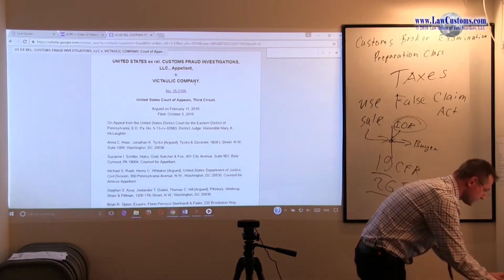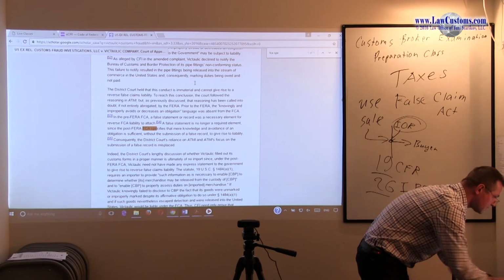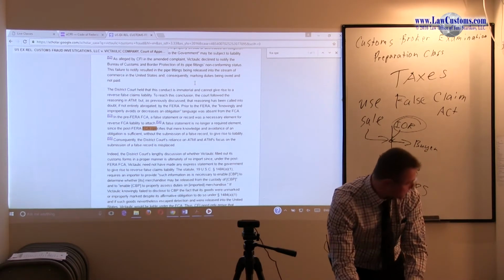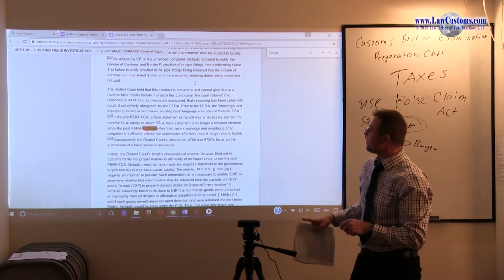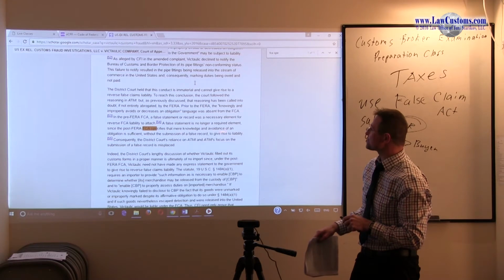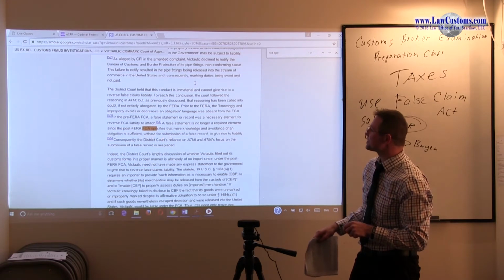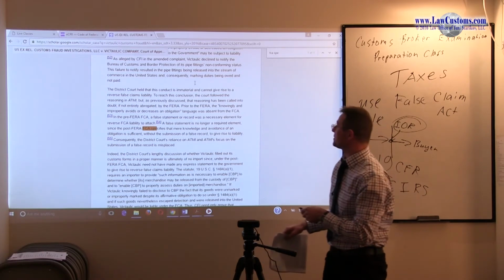Here's one quote: the False Claims Act specifies that mere knowledge and avoidance of an obligation is sufficient, without the submission of a false record, to give rise to liability under the False Claims Act.